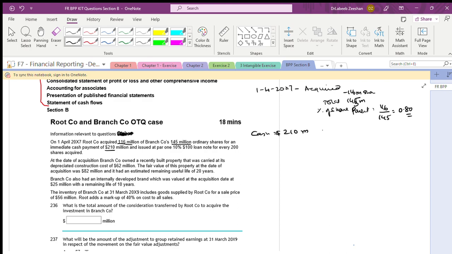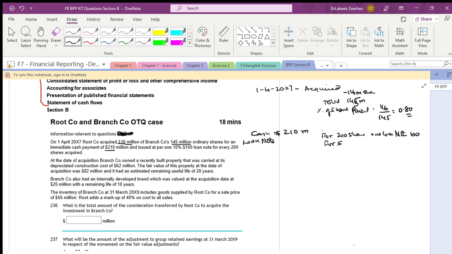And they are talking in terms of a loan note. How much is the loan note? They say that for every 200 shares, one loan note of 100.